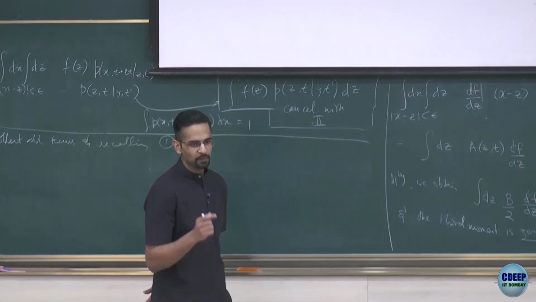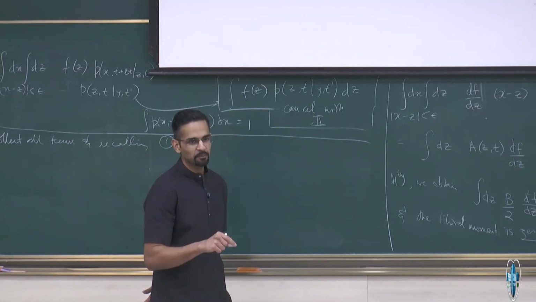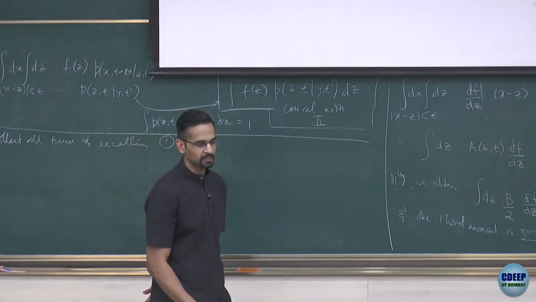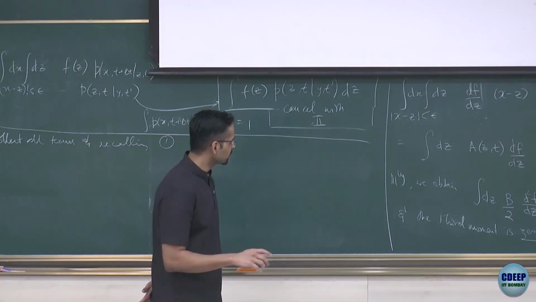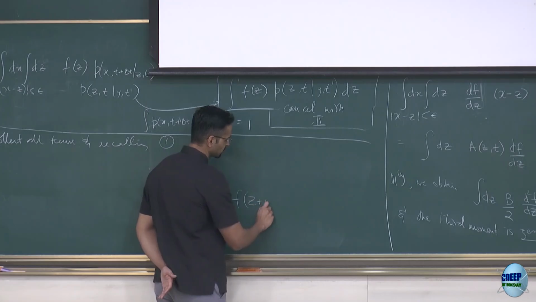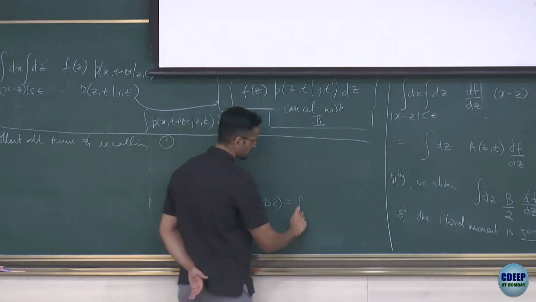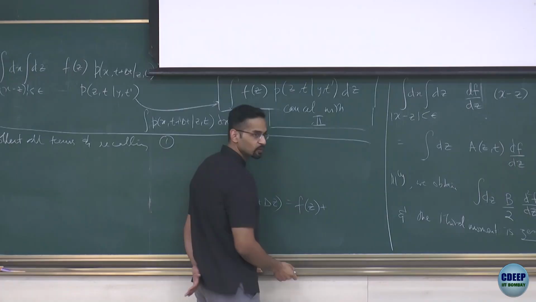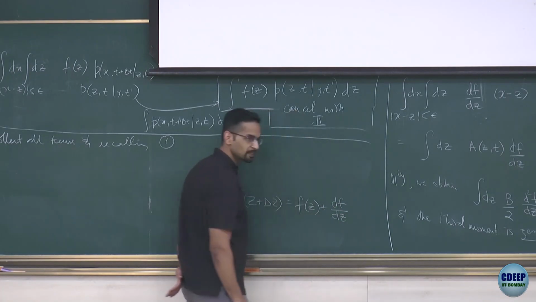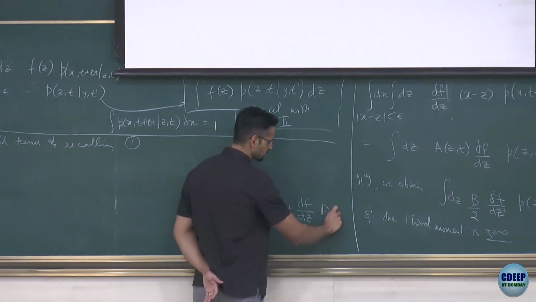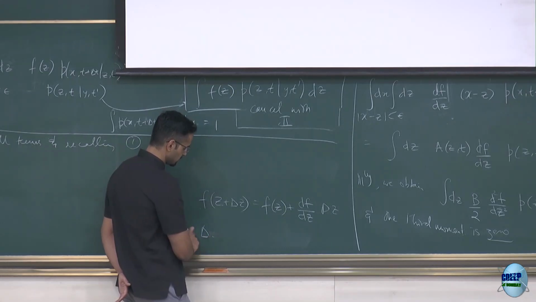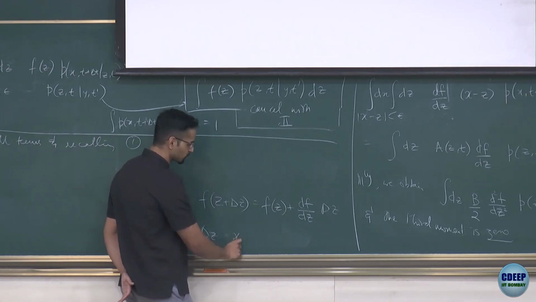The confusion is coming because you are thinking of z as a point. In the end, I can flip the variable, it's not going to matter. But a cleaner way to think about it is, suppose I wrote this. What would you do now? You'll write df dz into delta z. And then I just have to say z plus delta z is x. That's what I wrote.